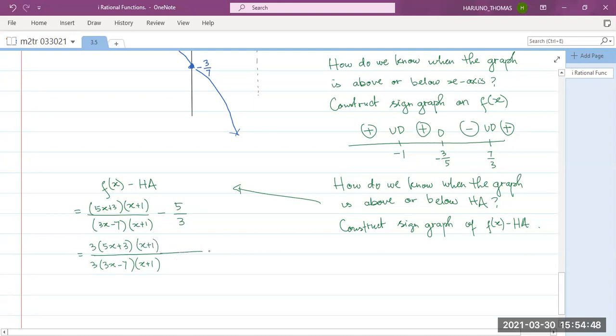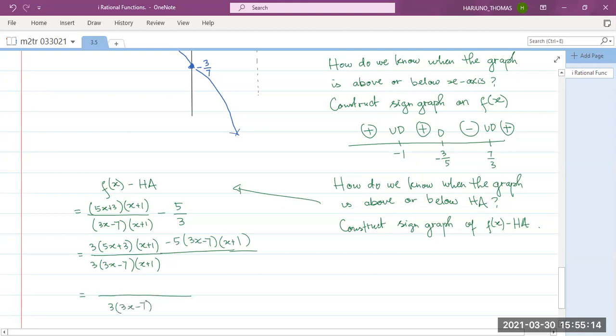Okay, and then here I will multiply by, basically I get the LCD, x plus 1. So the bottom I leave it like that.